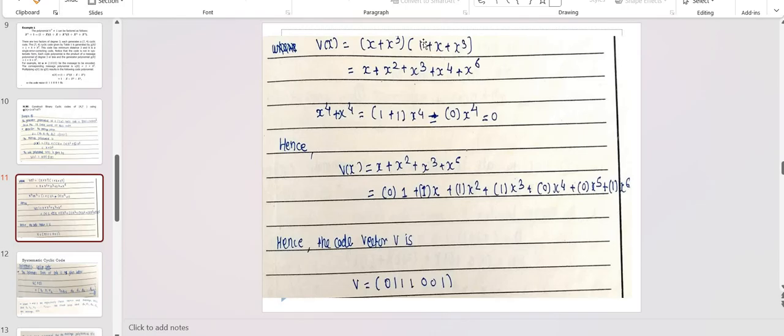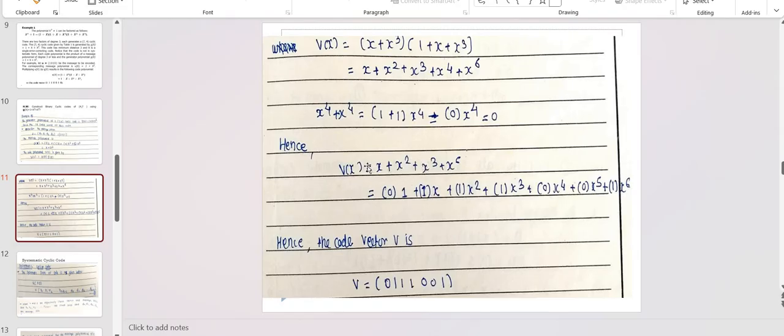By multiplying these two brackets, you will get x into 1 is x, x into x cube is x raised to 4, x cube multiplied by 1 is x cube, and x cube multiplied by x cube, then you will get x raised to 6. So you can evaluate the output also.